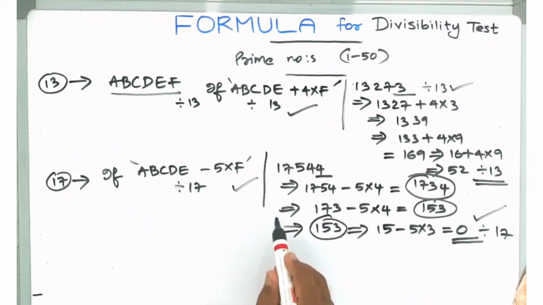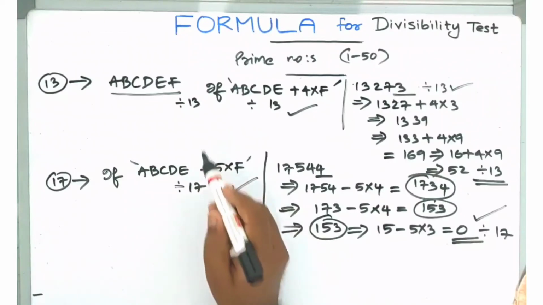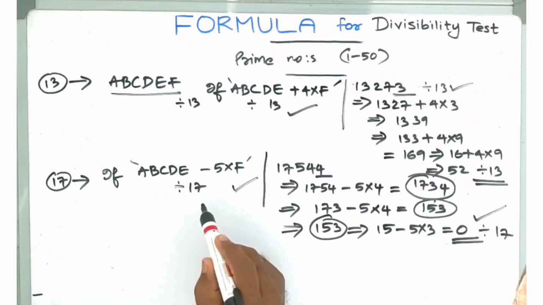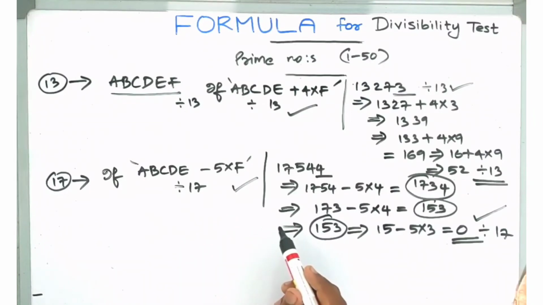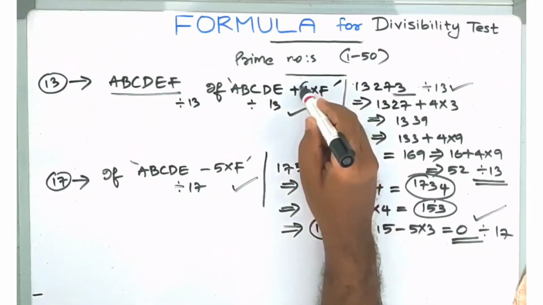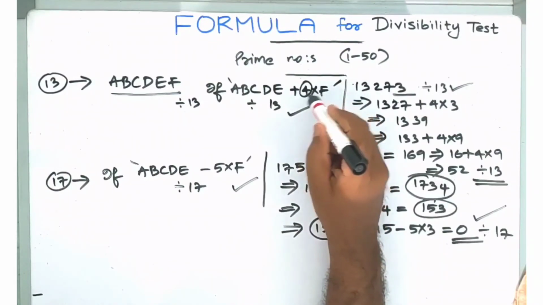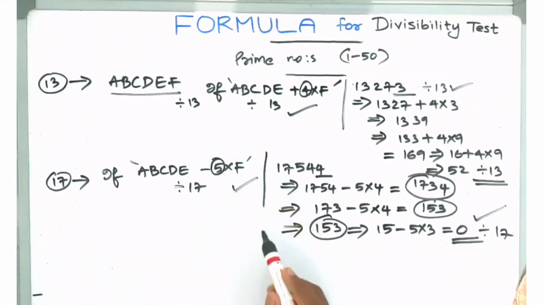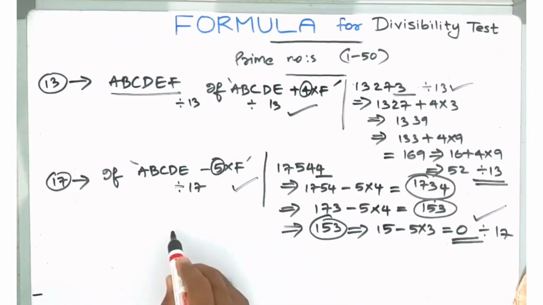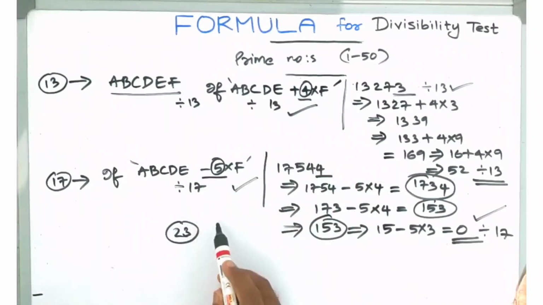This is the way of finding whether a number is divisible by 13, 17, 19, then 23. Like this, the last digit is multiplied by a number. Here it is 4, here it is -5, and in the case of 23, the number in this place will be 7.